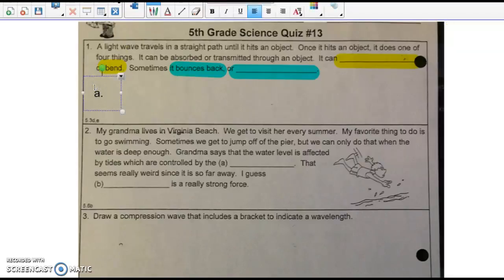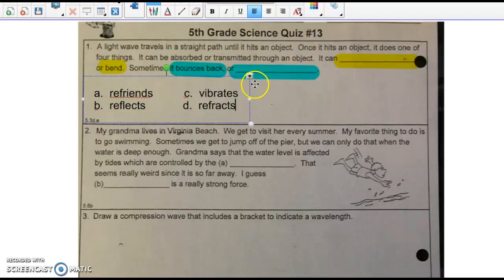It could be refriends, it reflects, it vibrates, or it refracts. So we'll use two of those to fill in your blanks.